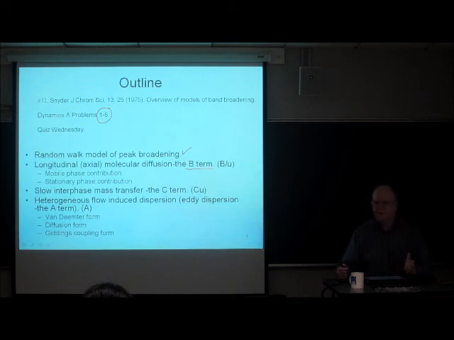Remember that the A term is the velocity-independent contribution to the peak broadening. It was discovered that the Van Deemter equation is not always absolutely correct, and that sometimes it looks like this contribution is velocity dependent.